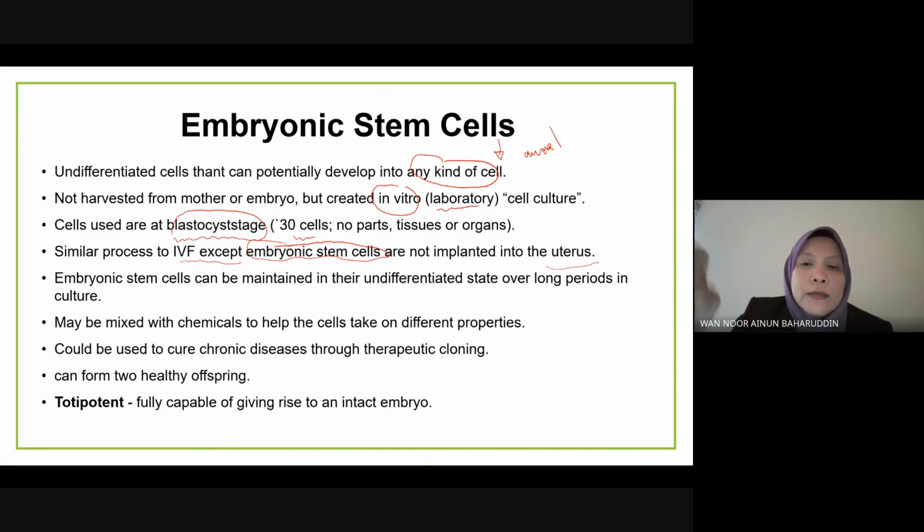Okay, kalau dia implanted inside the uterus, this one untuk IVF, untuk dilahirkan baby tu. Tapi untuk embryonic stem cells, dia hanya berada di blastocyst stage, and they are maintained undifferentiated over long periods. Maksudnya dia disimpan ataupun cryopreserve.